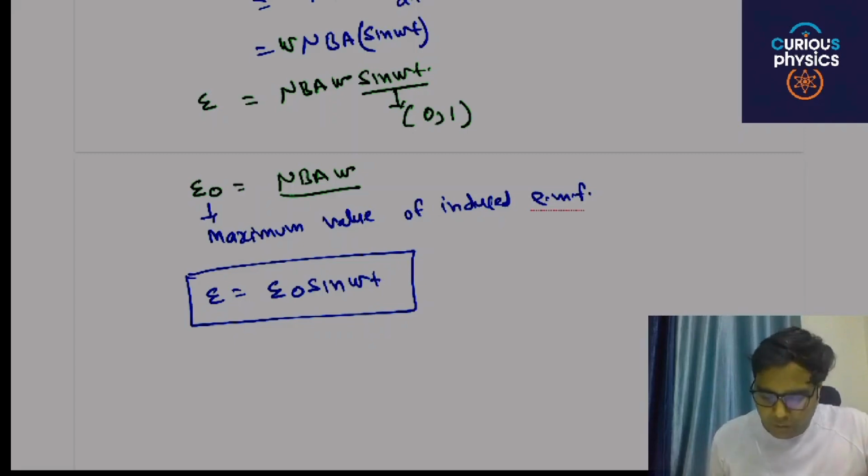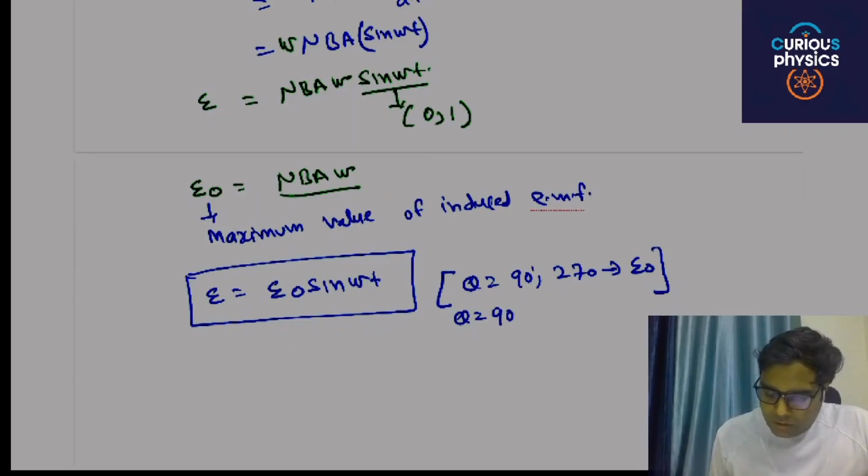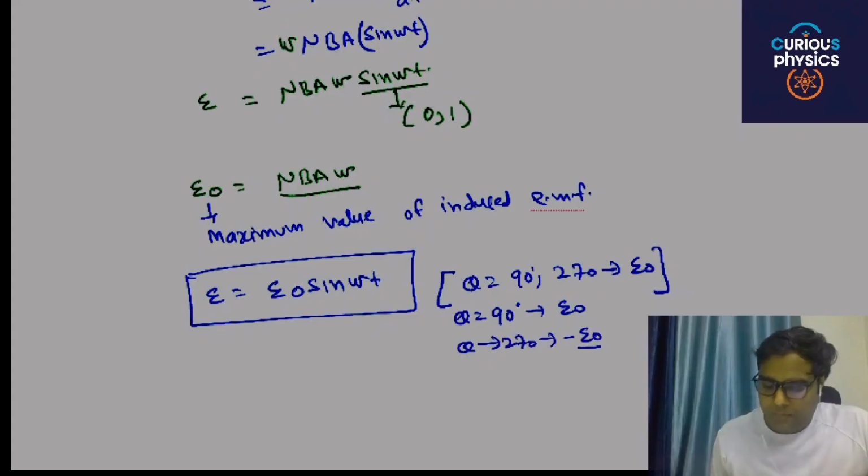The maximum value is at theta equal to 90 and 270, where there will be E maximum but in the opposite direction. At theta equal to 90, E maximum will be there, and at theta equal to 270, minus E naught.